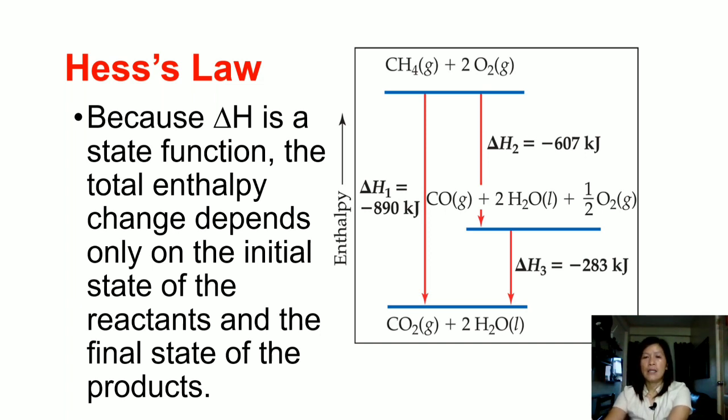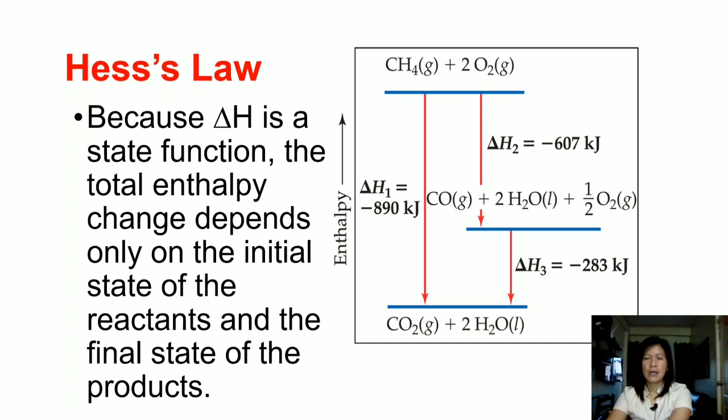In the first step, the formation of carbon monoxide from the reaction between methane and 2 moles of oxygen, the energy lost is negative 607 kilojoule. In the second step, we have negative 283 kilojoule.